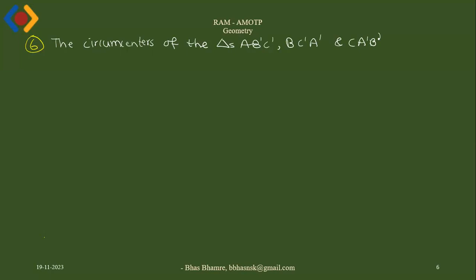There are four triangles, including A prime, B prime, C prime. So these triangles are taken: A, B prime, C prime; B, C prime, A prime; C, A prime, B prime; and A prime, B prime, C prime. The circumcenters of these four triangles are related. This is very interesting.